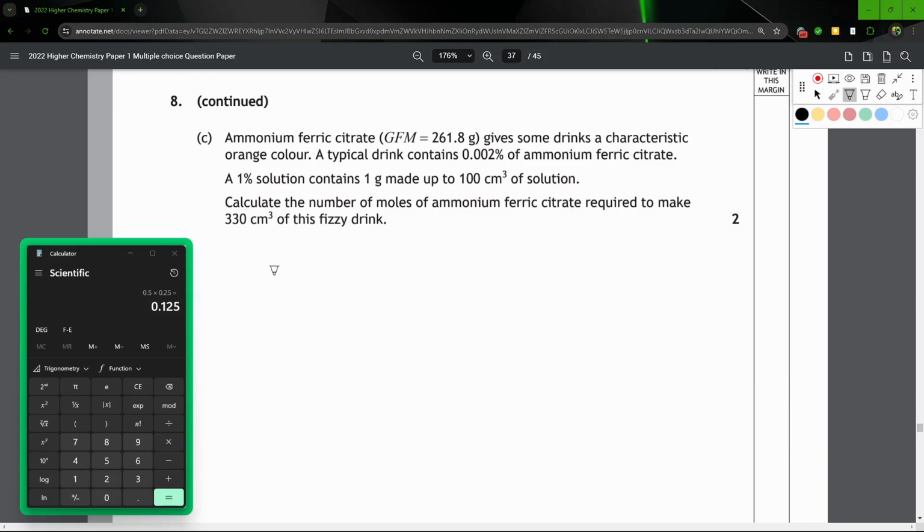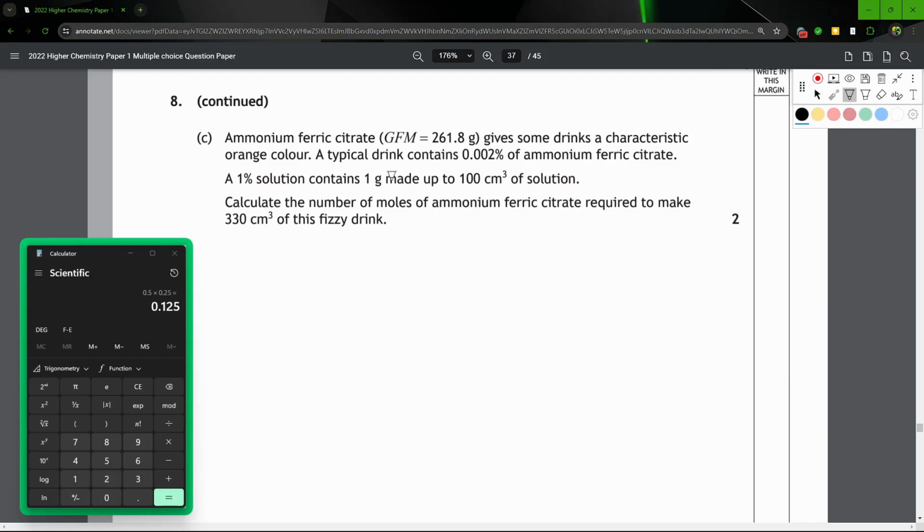Right, move on to C. Ammonium ferric citrate can give some drinks a characteristic orange colour. A typical drink contains 0.002% of ammonium ferric citrate. A 1% solution contains 1 gram made up to 100 cubic centimetres of solution. Calculate the number of moles of ammonium ferric citrate required to make 330 cubic centimetres of the drink.